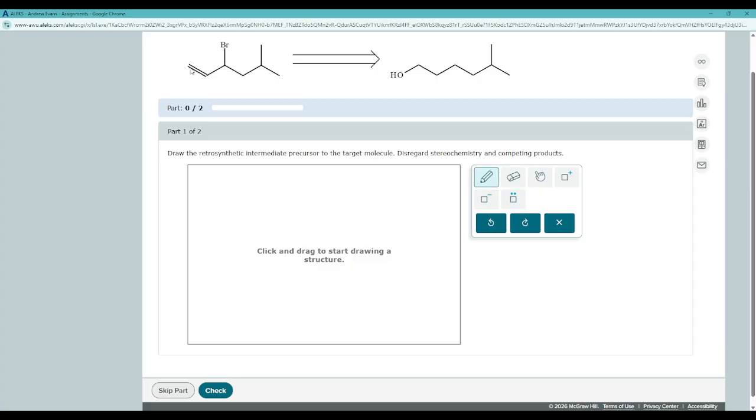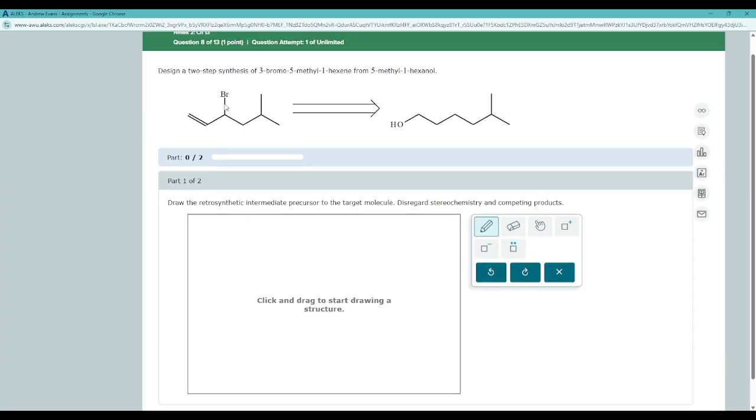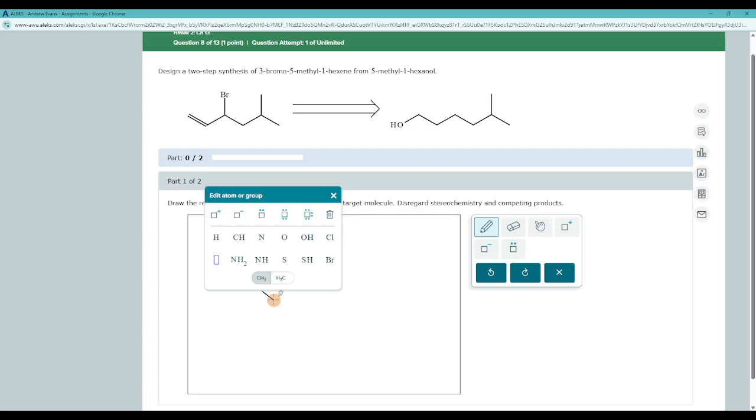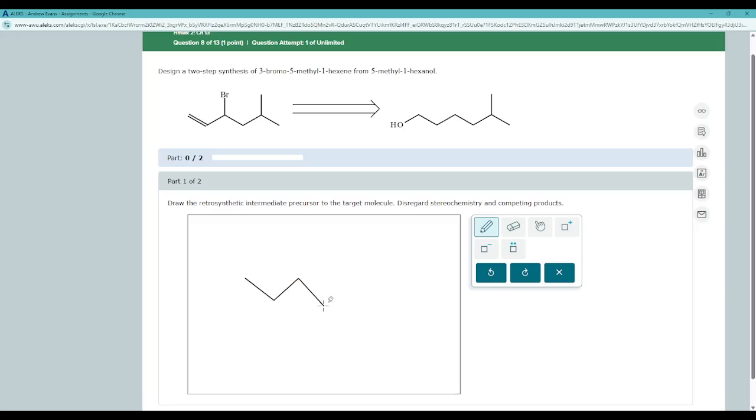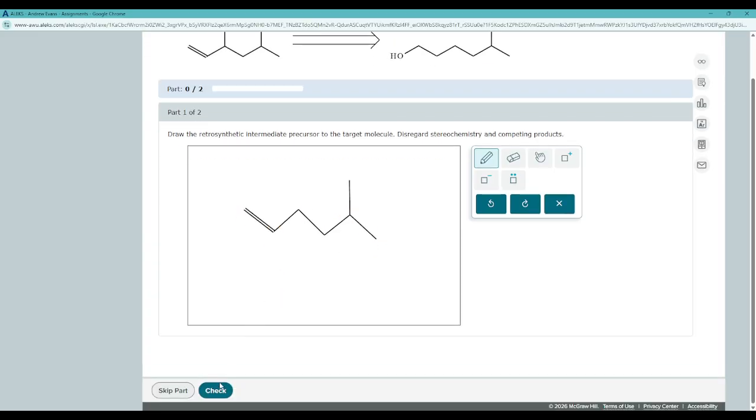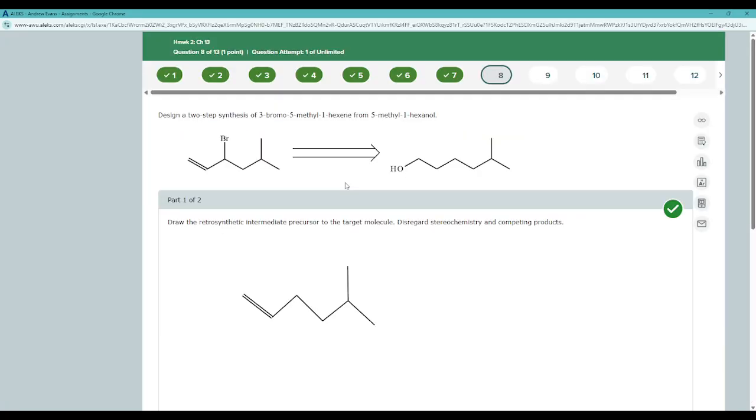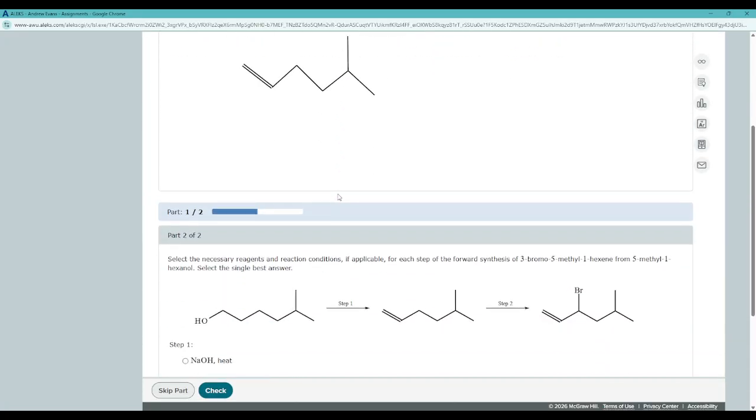So what's the first thing we notice? In our desired product, we have a bromine and we have an alkene. The alcohol is not going to be reacting with our halogenation, so the first thing we can do is dehydrate to make an alkene. 1, 2, 3, 4, 5, substituent on the 5, 6, make that alkene.